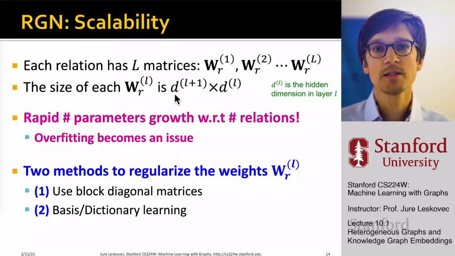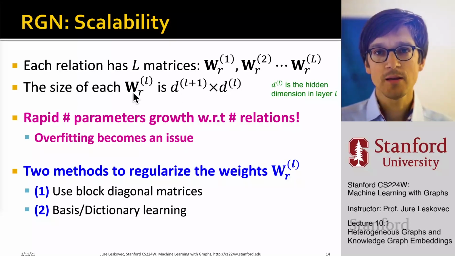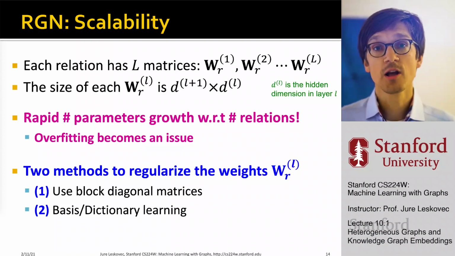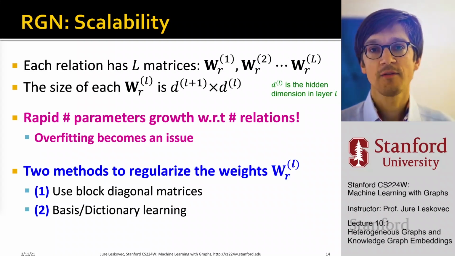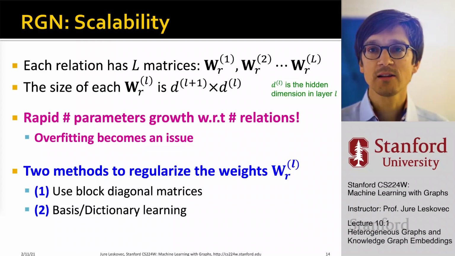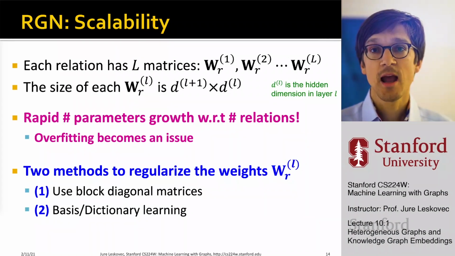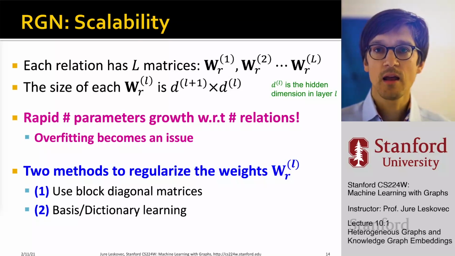So now the problem is that I have one such matrix per every layer, and I have one such matrix per every relation type. And because heterogeneous graphs, and in particular knowledge graphs, can have hundreds, can have thousands of different relation types, then you can get tens of thousands of these different matrices. And each matrix is dense and can have quite big size.